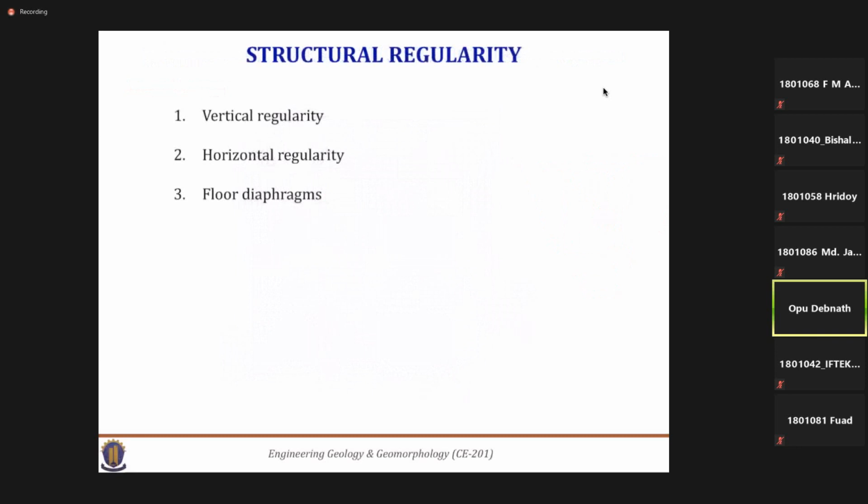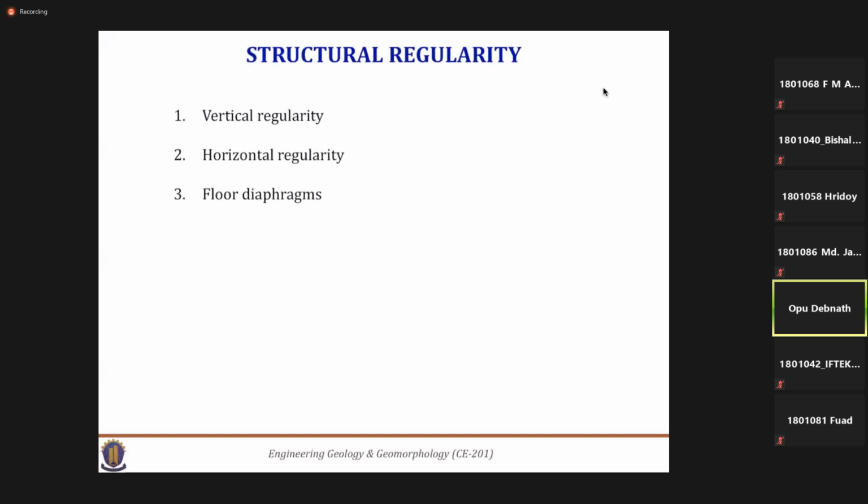And another one is the structural irregularity, vertical regularity and horizontal regularity, floor diaphragm, etc. Vertical regularity means each and every floor should have the same type of arrangement, same type of load. In our country we have a common practice to take the basement open for car parking.